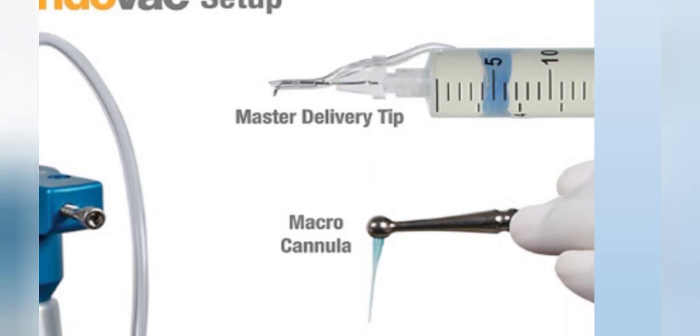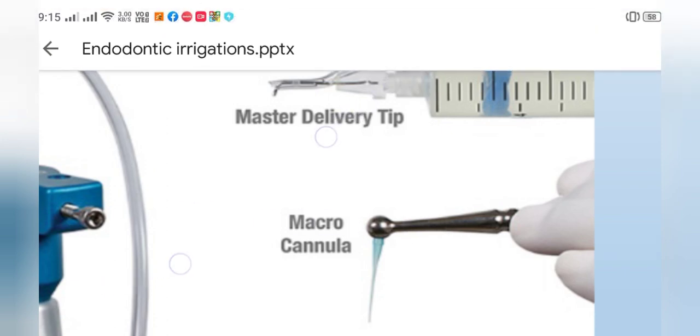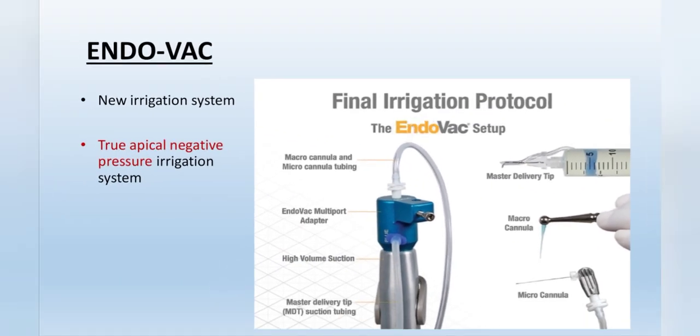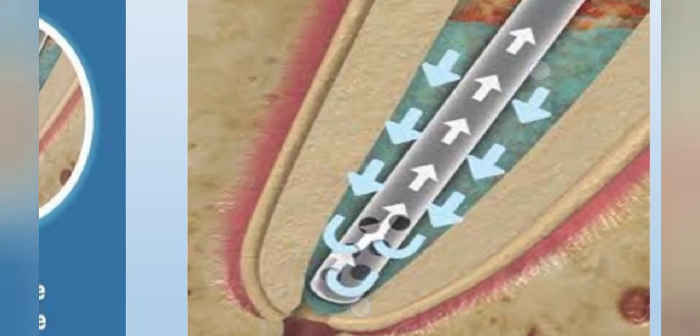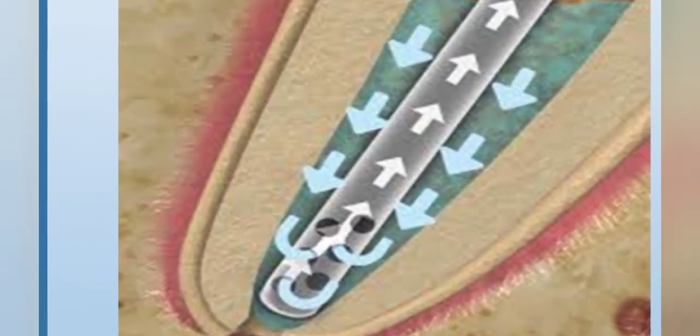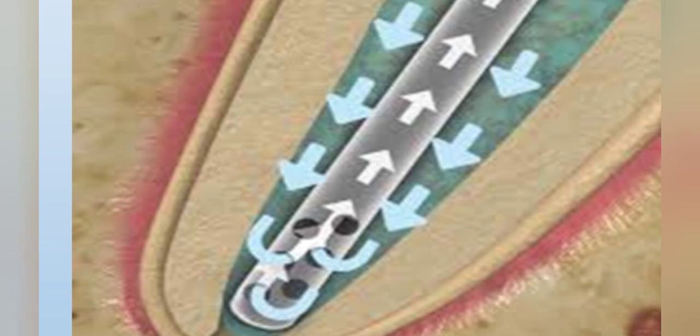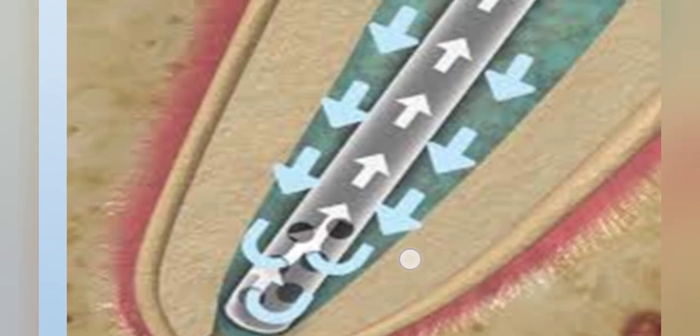It creates vacuum pressure inside the root canal, and through this vacuum pressure the endodontic irrigants along with the debris get removed by the micro cannula.